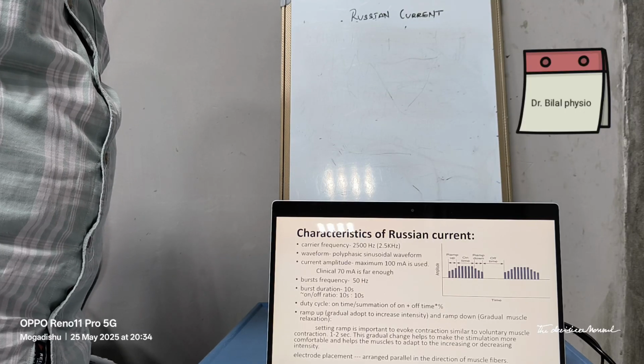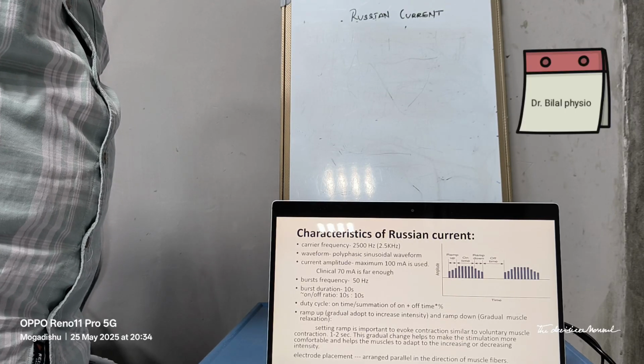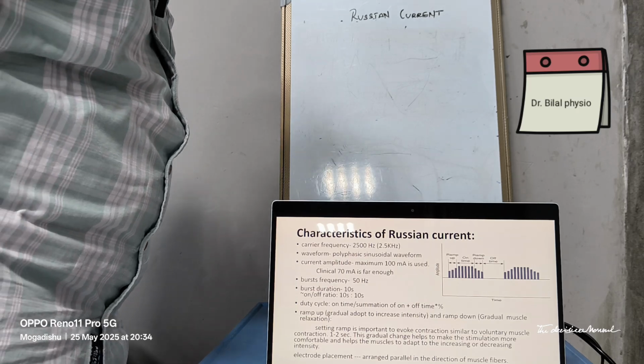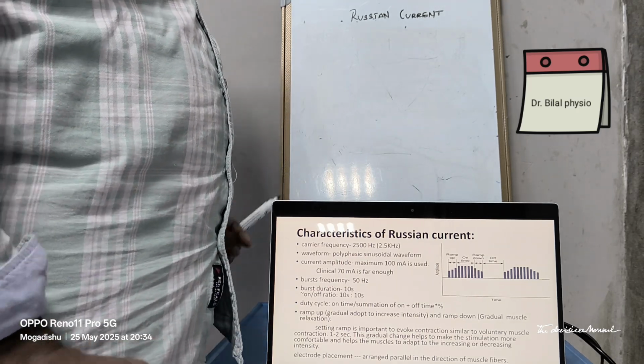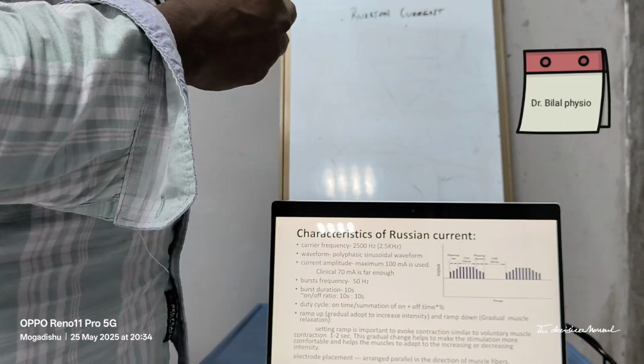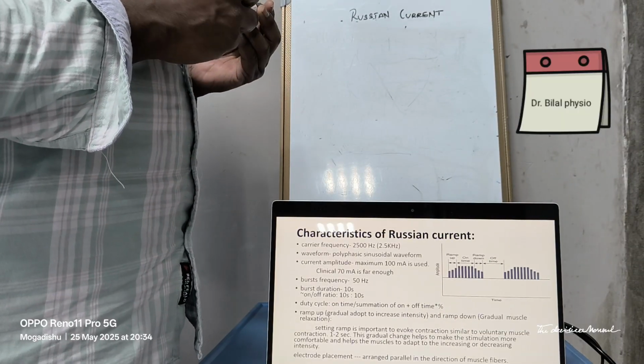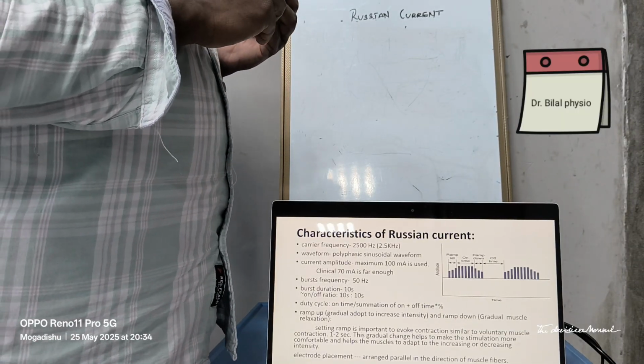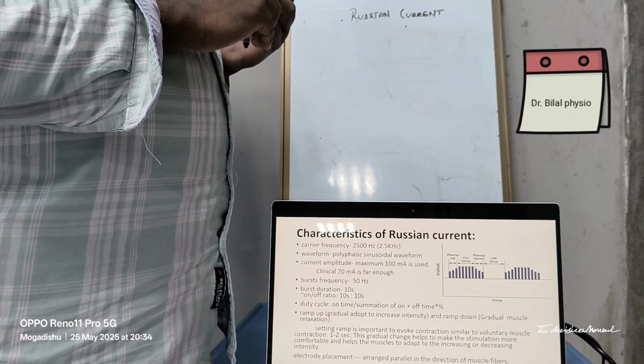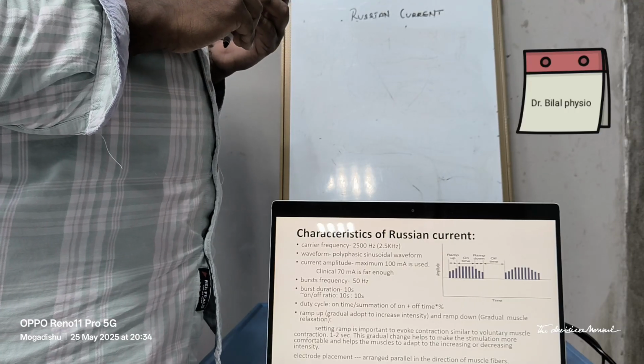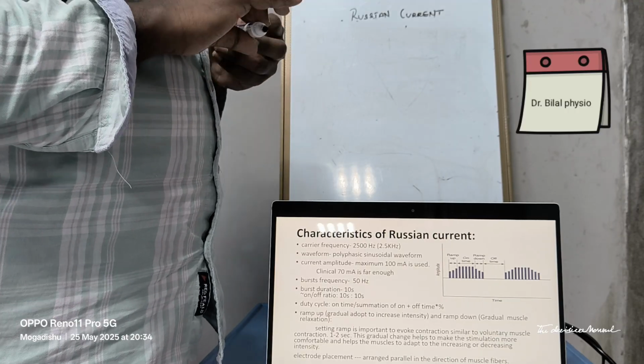So when we apply the Russian current, we have to combine it with voluntary muscle action also, doing any activity of the muscles we are going to choose. In case of biceps, we have to allow the patient to do the available biceps movement or action in flexion, extension, like that.